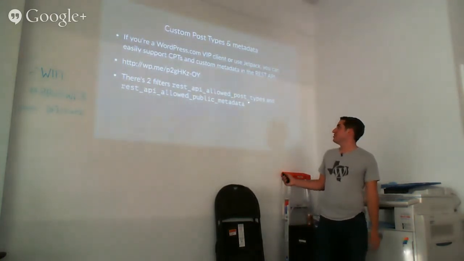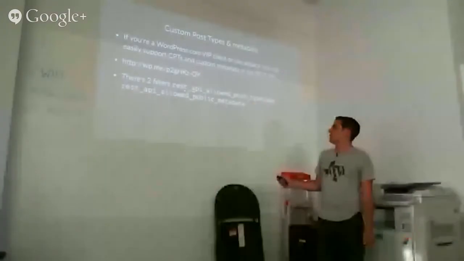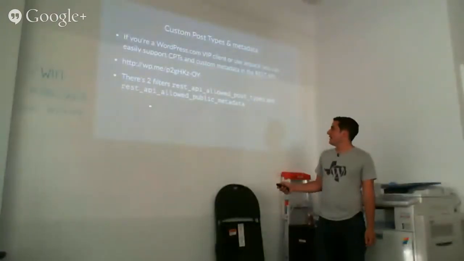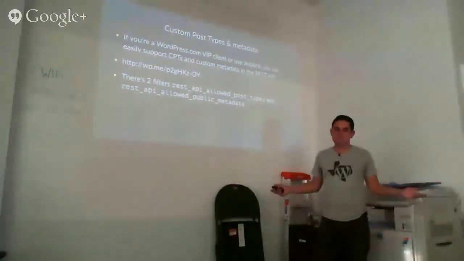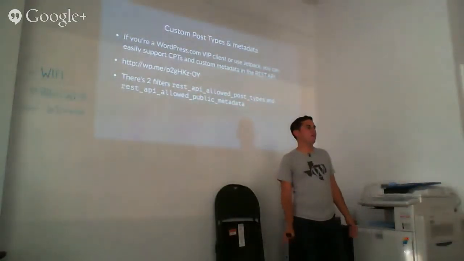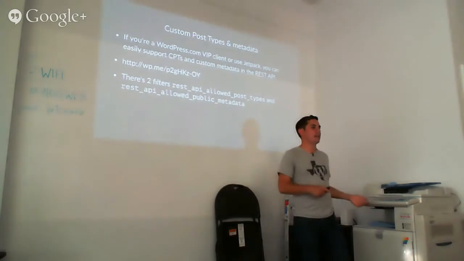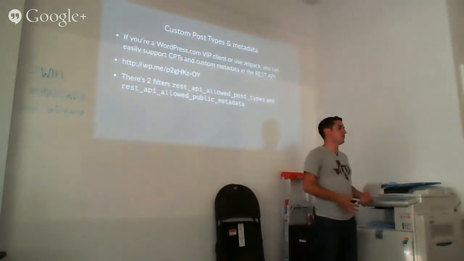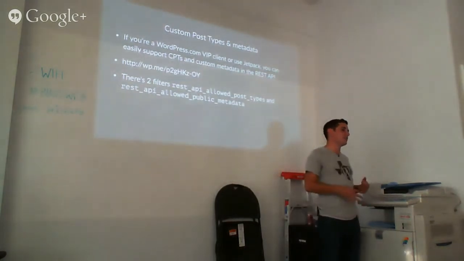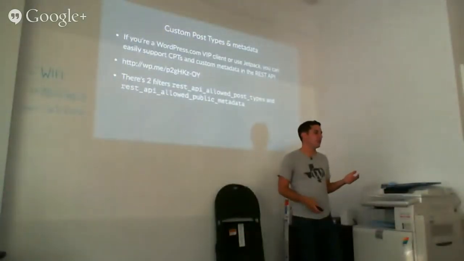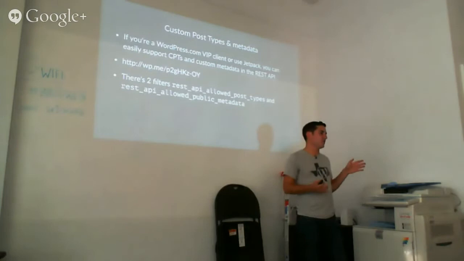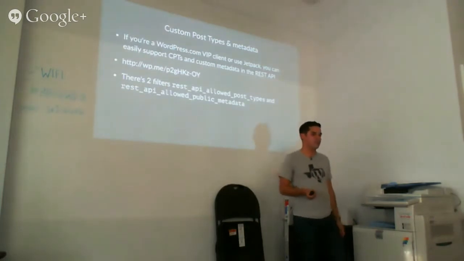You just register the post types that you want to support through this filter, and then any metadata keys that you want to use with this filter. We have a whitelist approach as opposed to a blacklist approach. So if you're a developer and you want to integrate custom post types and custom metadata, you have to tell the API that you want that to work. By default, we just default to posts and pages and no custom metadata.